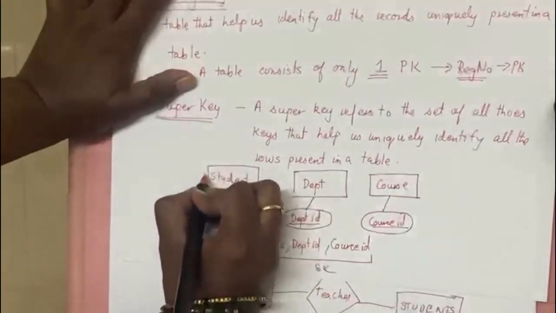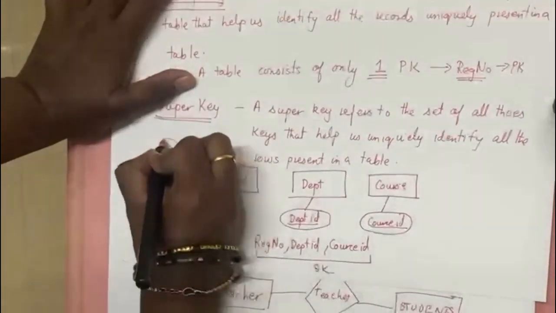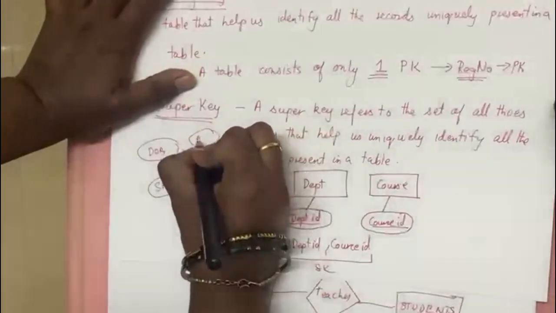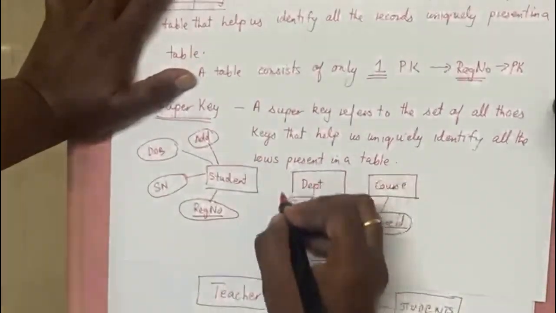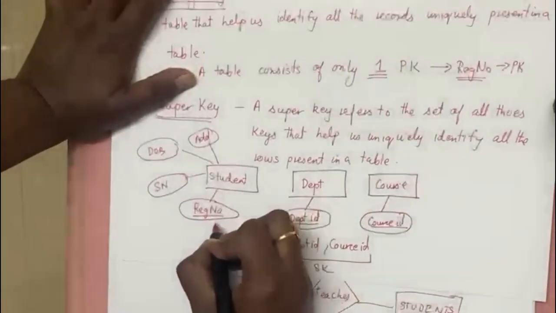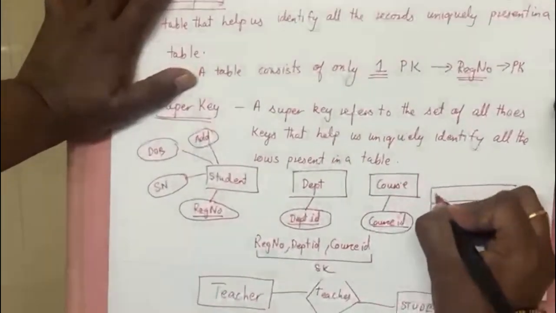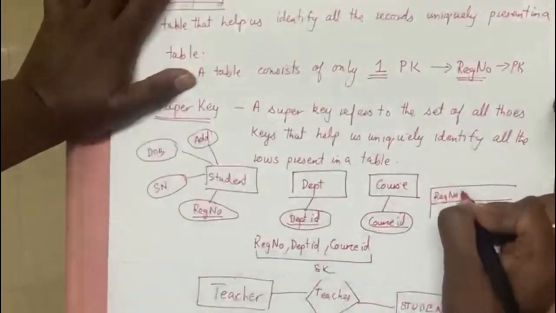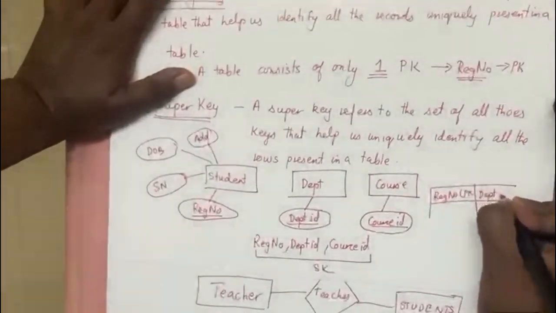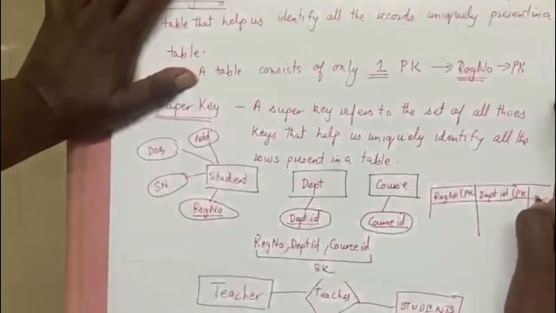Example, student is having multiple things like student name, age, date of birth, address, all these as their entity, plus they want to know the detail and the course. I can use this as a primary key in that particular table. My table will have register number, which will become the primary key, and department ID, which will become the foreign key, and all the other attributes that are there.